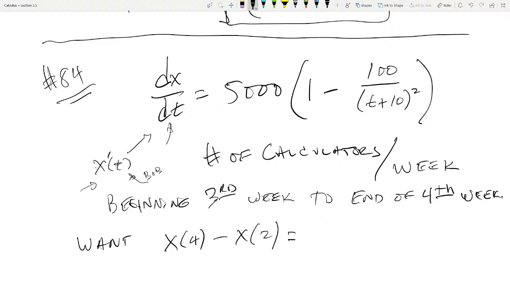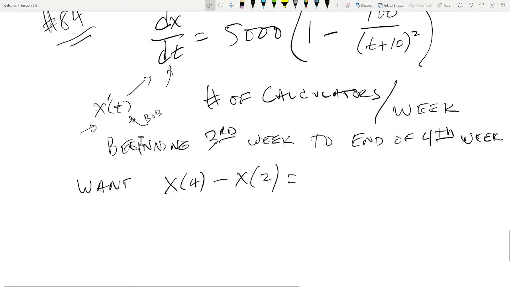That's a little issue in the problem that you have to pick up on. And this is the integral from 2 to 4 of dx dt, or if you like, you can put the x prime of t in there.